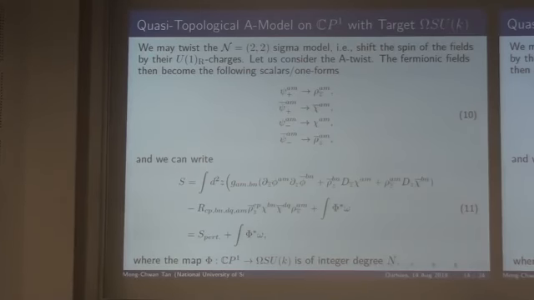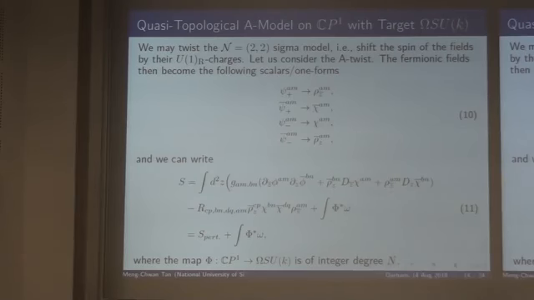In particular, the supercharges, which were spin half, 2 of them will be shifted down to spin 0, and 2 of them will be shifted up to spin 1. So when we do this twist, we change the spins of the Fermi fields. This Fermi field that appeared in the Lagrangian gets shifted, and becomes a 0-1 form.